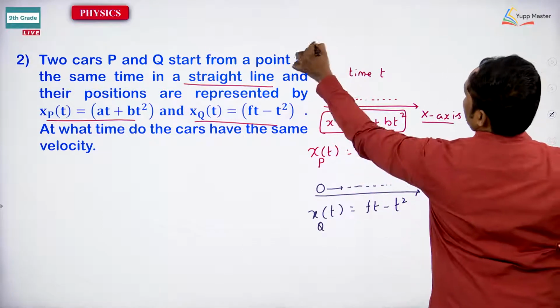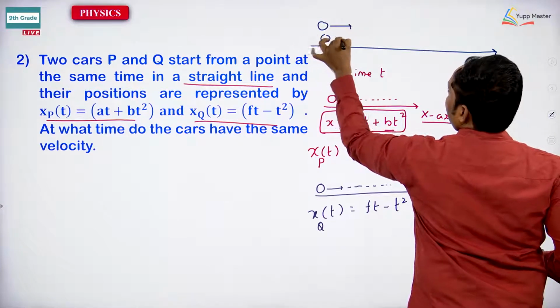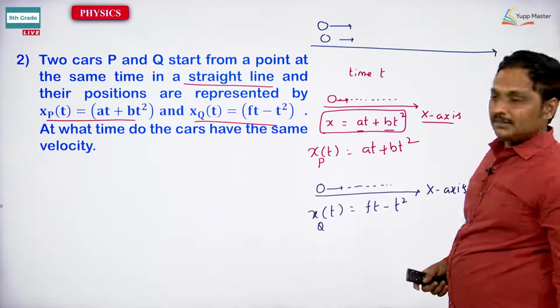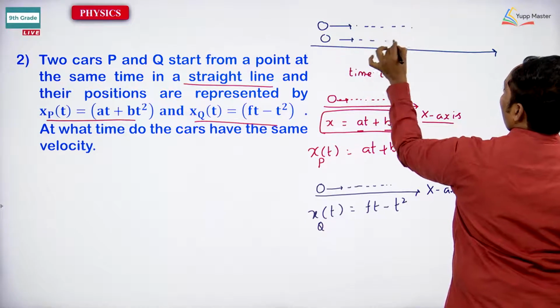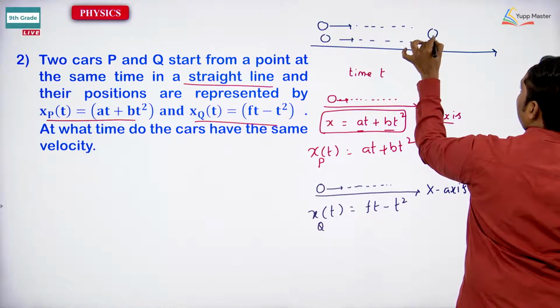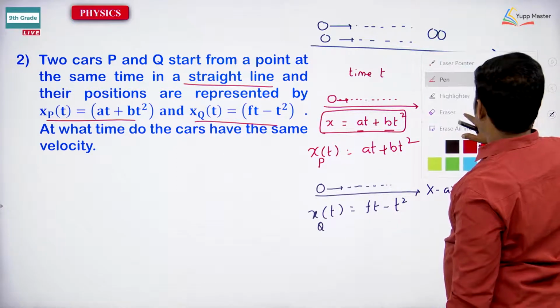Now, finally, we are going to take that they have started, first one and second one. Where will they meet? They are going to meet at one point, just you are going to identify this.